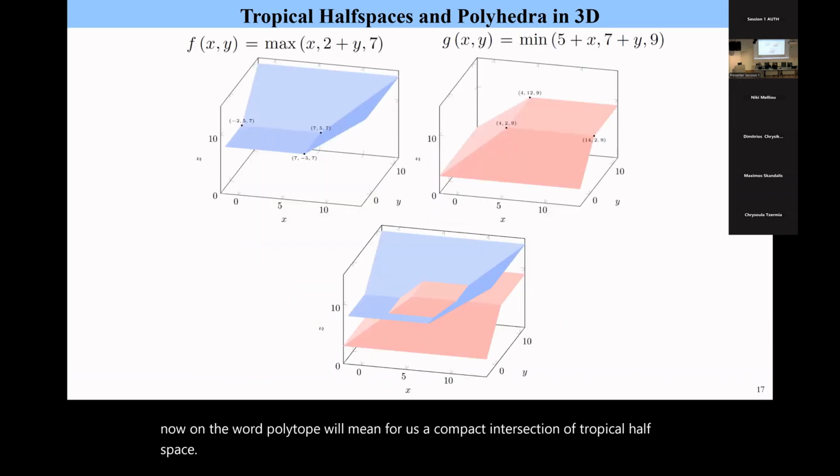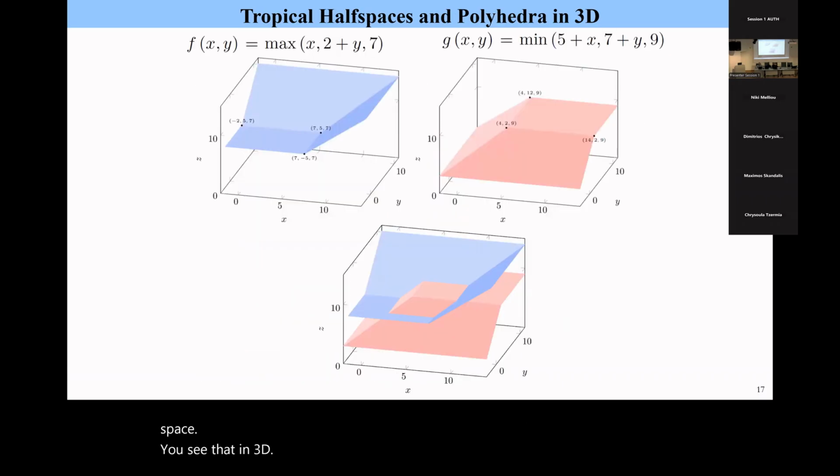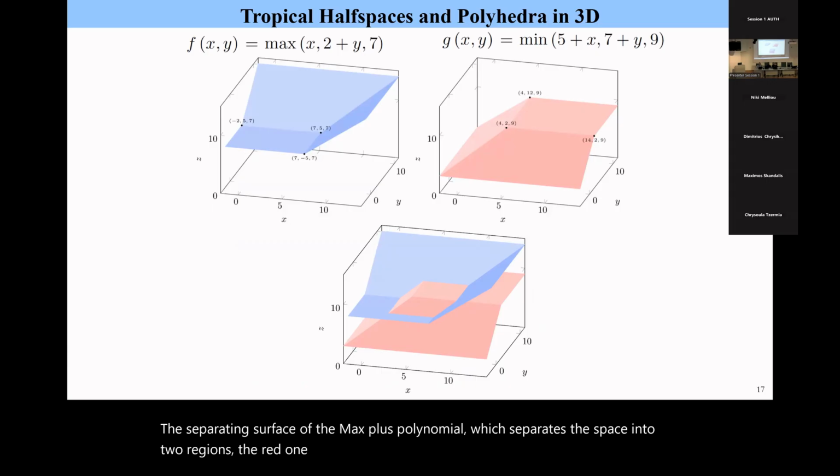You see that in 3D, two tropical polynomials, a max plus polynomial f and a min plus polynomial g. The blue one is the separating surface of the max plus polynomial, which separates the space into two regions. The red one is the separating boundary for the min plus, which again separates the 3D space in two regions.